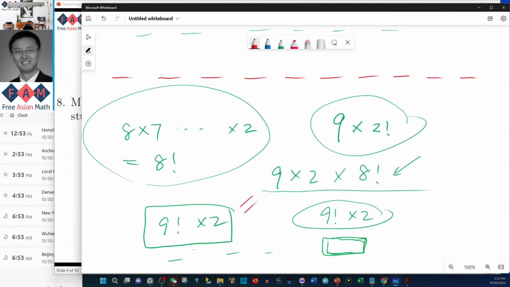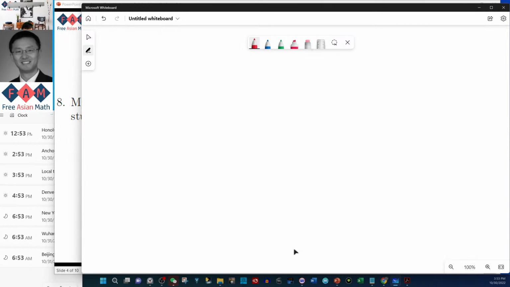So the 2 seemingly very different expressions must actually be equal to each other. Okay, so that's for this problem. By the way, there are other ways to count this one as well.